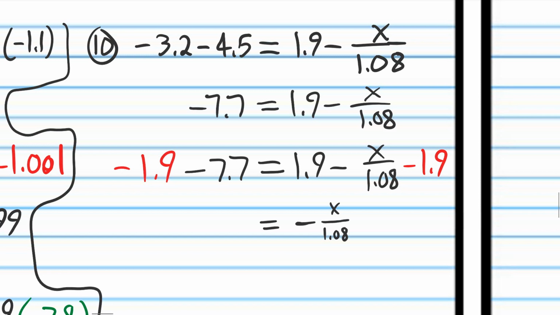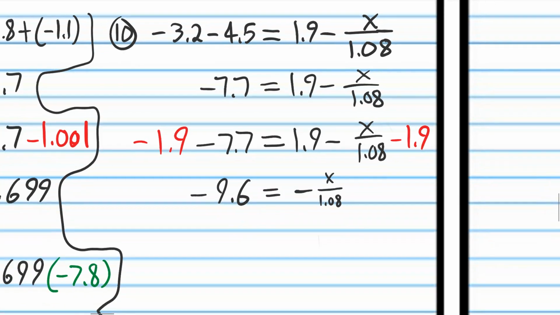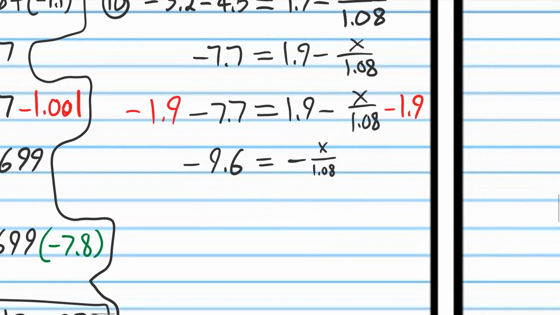And 1.9 plus 7.7, we'll just pretend that this is 2, and then you add it to 7.7, you get 8.7, 9.7, then you gotta subtract 0.1. So 8.7, 9.7, 9.6 should be negative 9.6. Again, if you don't feel comfortable doing that type of stuff in your head, then just use a calculator.